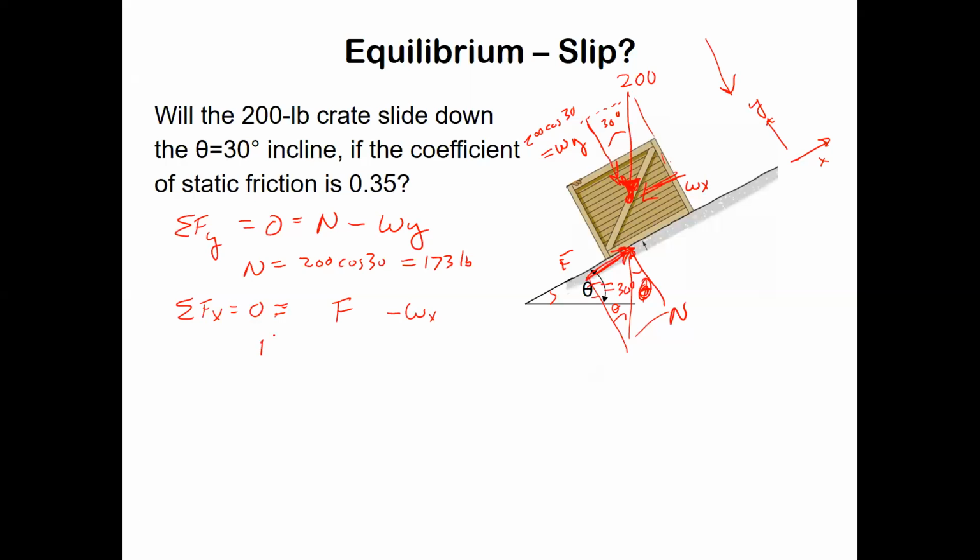So F is going to be 200 sine of 30, which is 100 pounds. The question is, can the friction force get that big? If we're in equilibrium, that's what the friction force is going to have to be to keep the thing from slipping.